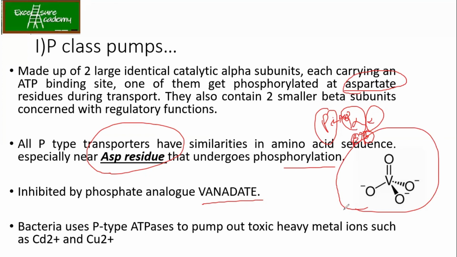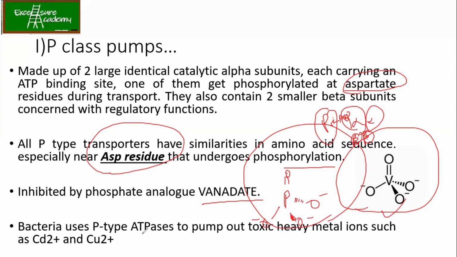We can't say the same, sorry, but it has a similar structure. It is almost similar. If P is over here, then the same, hydrogen bond, then this one, and over here. So this is your phosphate. This is exactly similar to your vanadate, and that's why vanadate is able to act as the inhibitor.